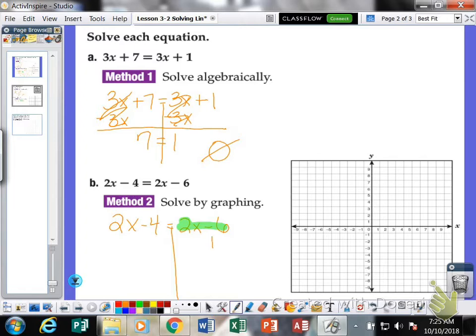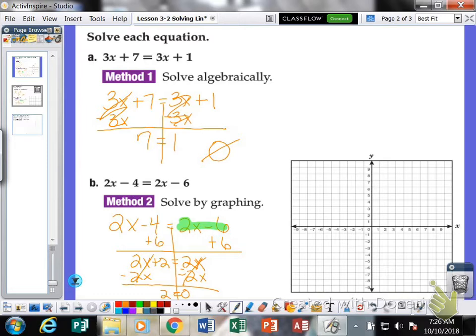The first thing I would do is add 6, and I would get 2x plus 2 equals 2x. To get rid of the 2x, I subtract 2x, and that's gone, so then I get 2 equals 0, which we know can't happen.